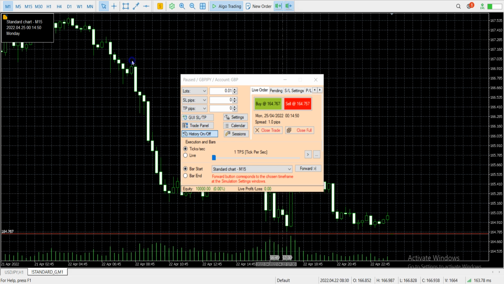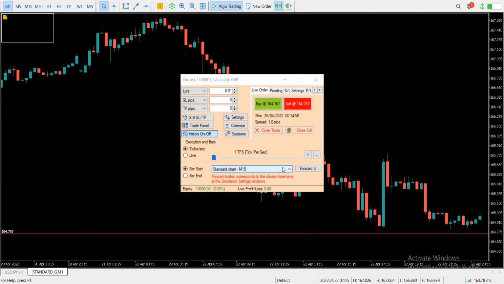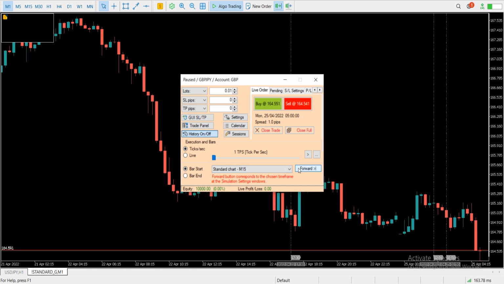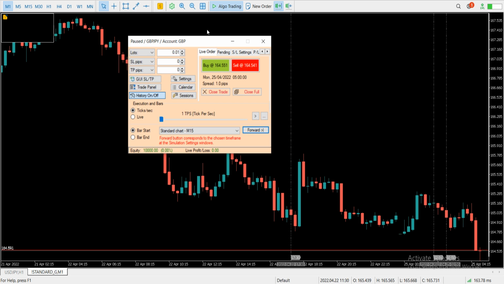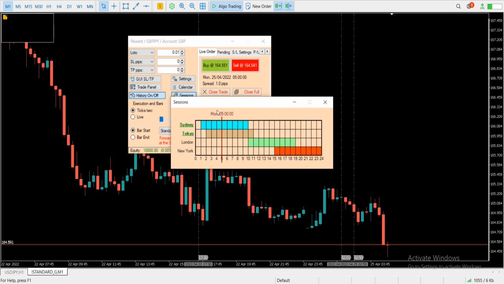Shift the chart, load the template. Moving on to 8 o'clock, because that's when I start trading. I will try to visualize the 4-hour candles. Okay, the thing is, we are now in the Asian session. Okay, now we crossed that Asian open.